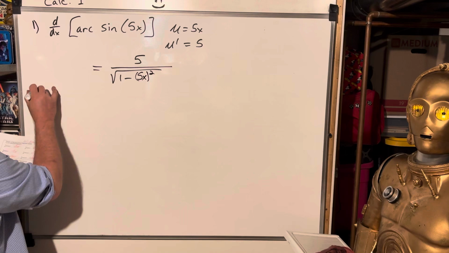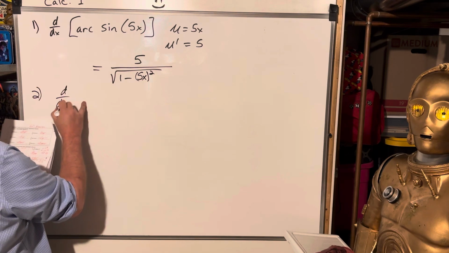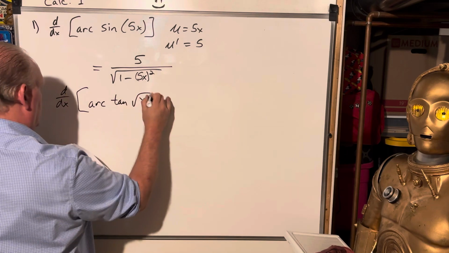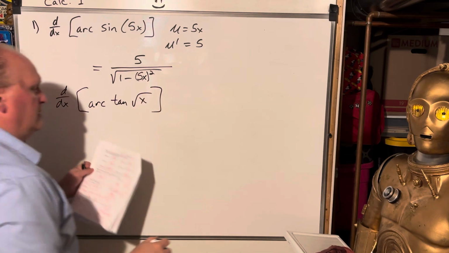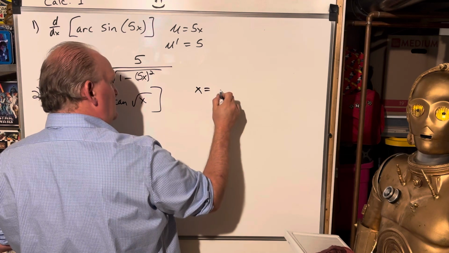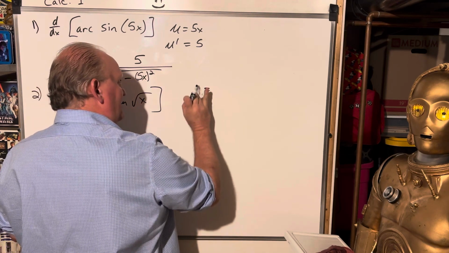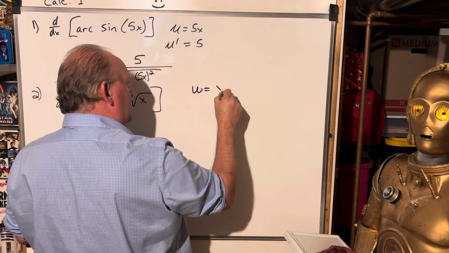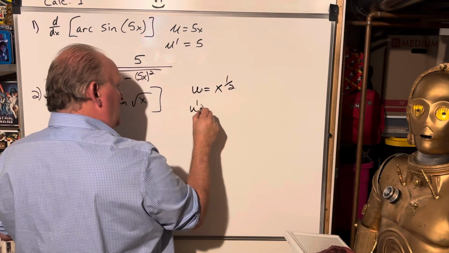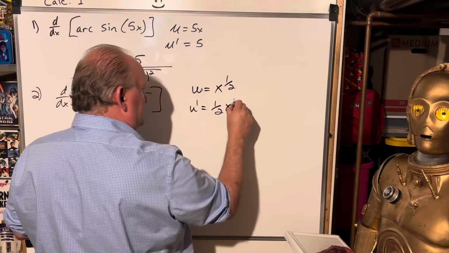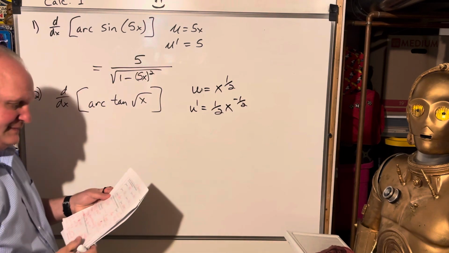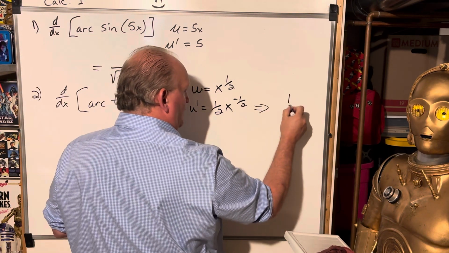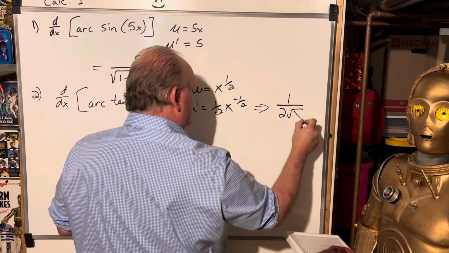So number 2. d dx of the arc tangent of the square root of x. And so we're going to say that x is equal to, or I'm sorry, not x. Ay caramba. U is equal to x to the 1/2. U prime then is equal to 1/2 x to the negative 1/2, which is equivalent to 1 over 2 square roots of x.